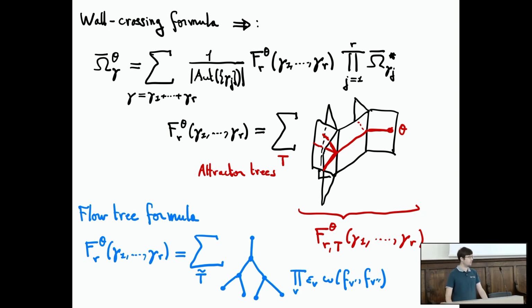One, which is just some iterated application of the wall-crossing formula, which leads to an expression of the DT invariant omega gamma theta, or rather the rational version that I denote by omega bar, as a sum of all possible decompositions of gamma into a sum of vectors gamma 1 to gamma r, some easy combinatorial factor and a less easy combinatorial factor F_r theta of gamma 1 to gamma r, and then the product of the rational attractor DT invariants for the vectors gamma 1 to gamma r.